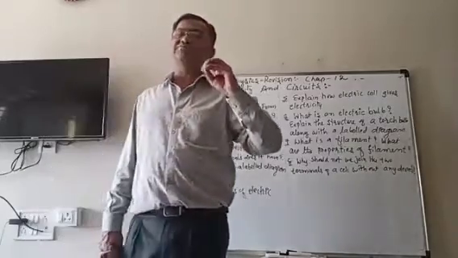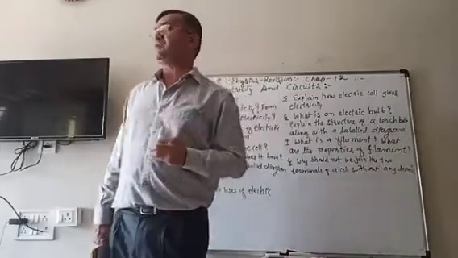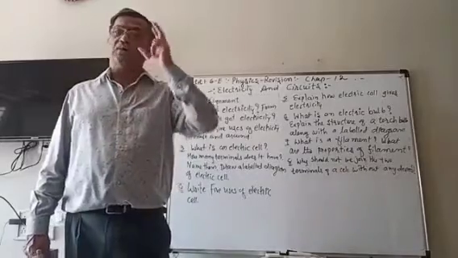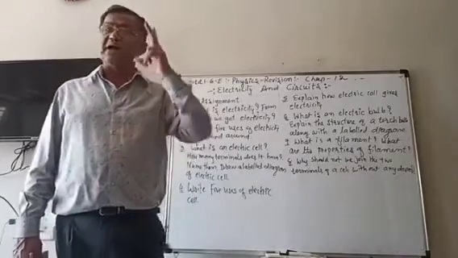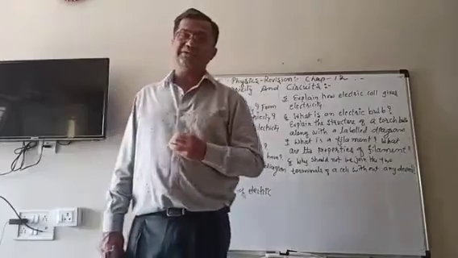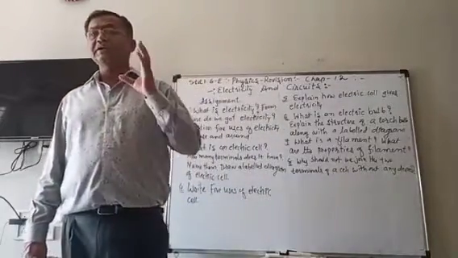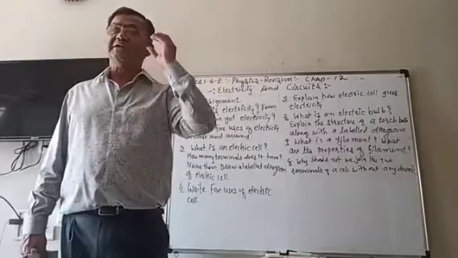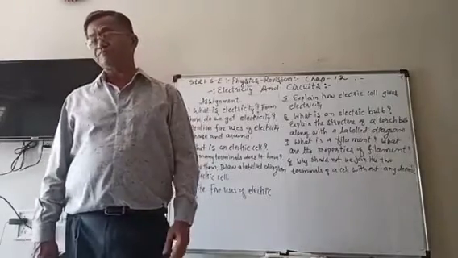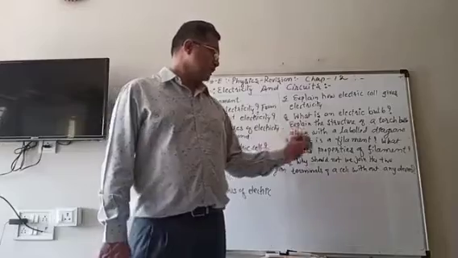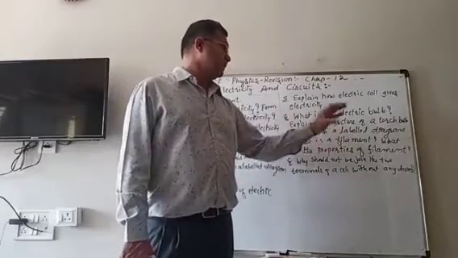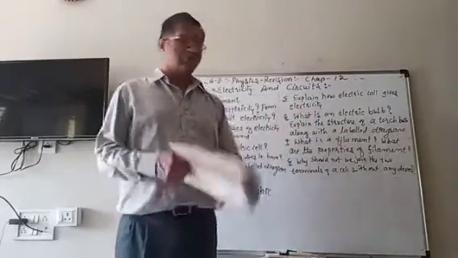So the filament is made from tungsten wire, which can bear high temperature. Even at a high temperature it doesn't melt, it is not getting oxidized, and it can bear high electric power too. Those are the properties of the filament.